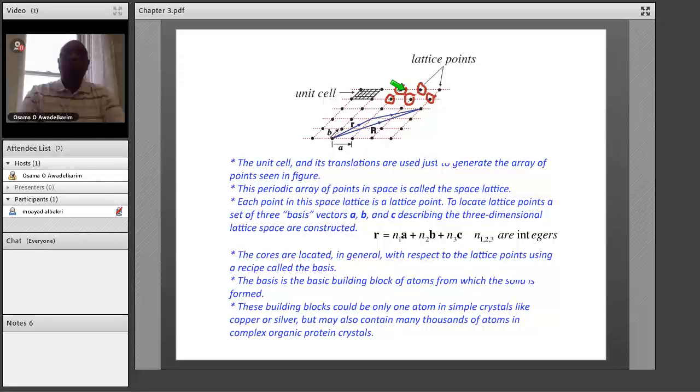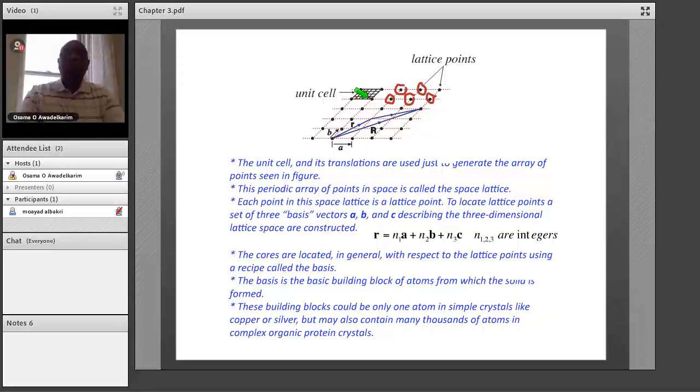That's one thing. The other thing is this unit cell. You can see here it's a parallelogram, probably with an acute angle here of 60 and an obtuse angle here of 120. So that's a special parallelogram.